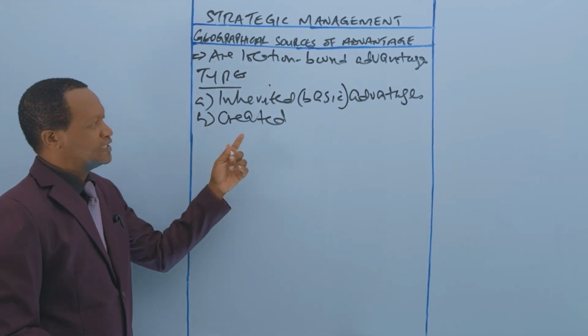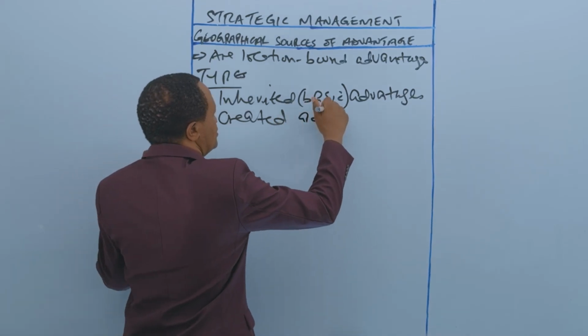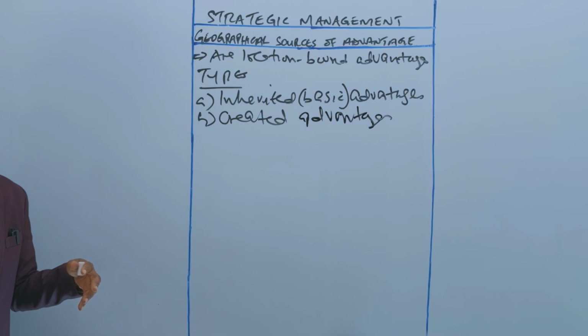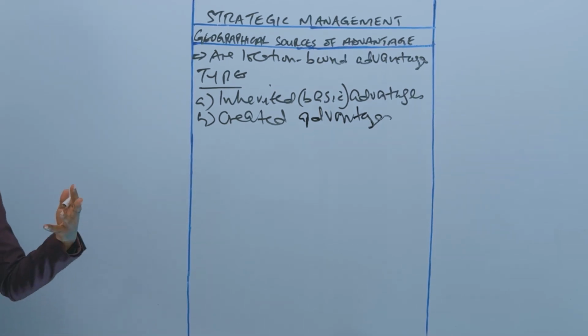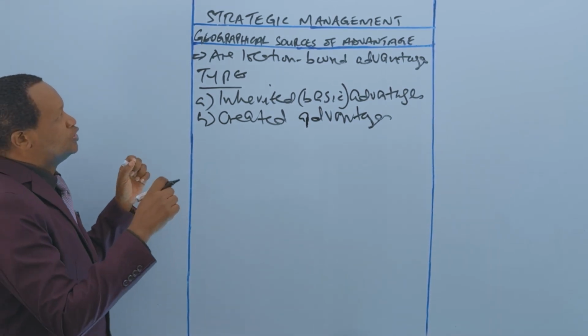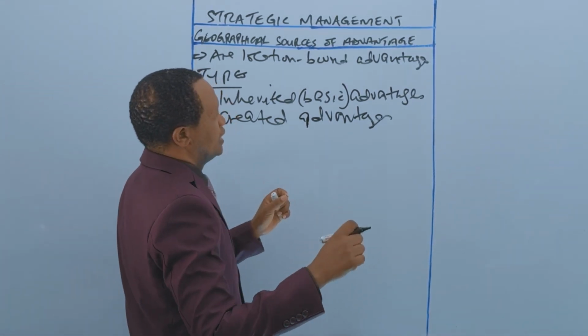These are created advantages, built by human beings over time. So that's the meaning of geographical sources of advantage.